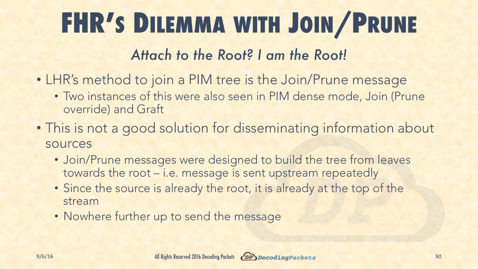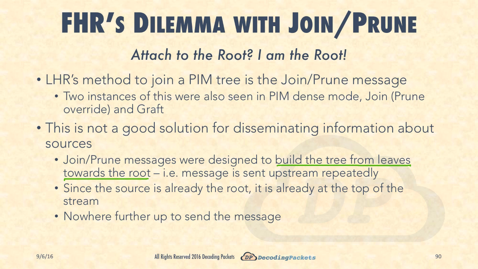But if you think about it, this is not really a good solution for connecting the FHR, or basically getting the information about the sources, to the RP. Because yes, this join prune message was designed to build the tree from the leaves towards the root. So the message is sent upstream.